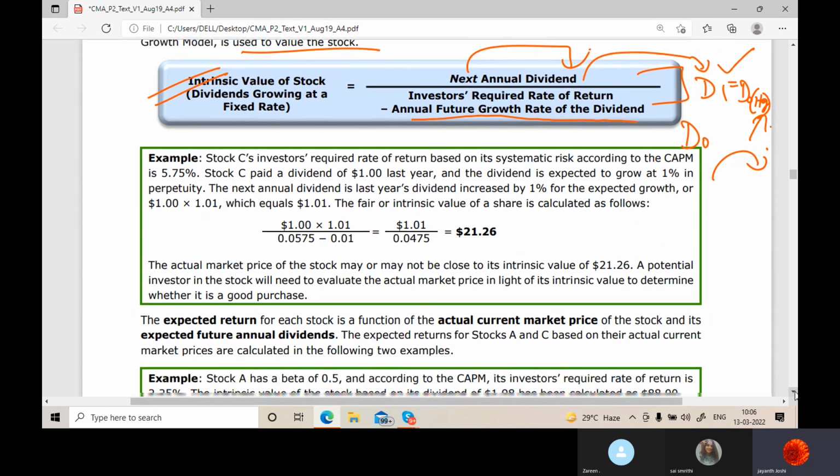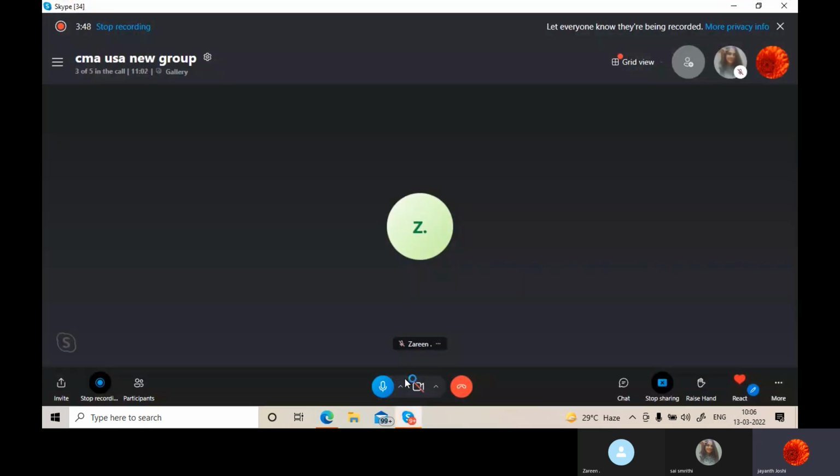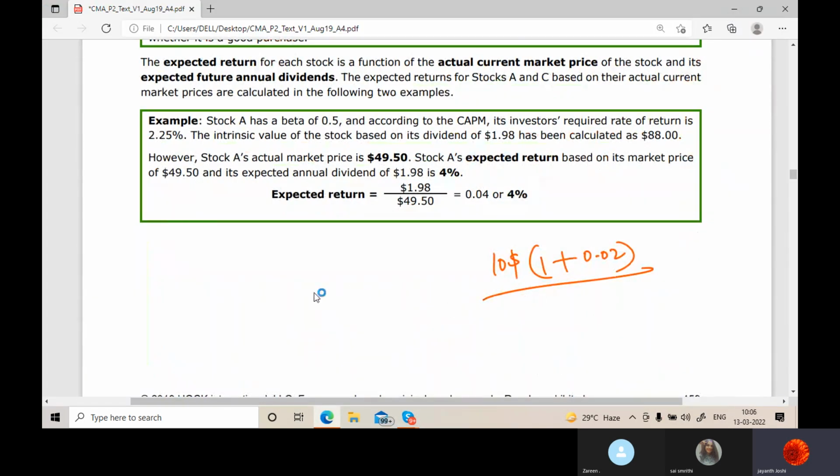Understood? For example, you got a dividend of $10 and it is growing at the rate of 2%, and the cost of capital is, let's say, 14%. So what I'm doing is 0.14 minus 0.02.